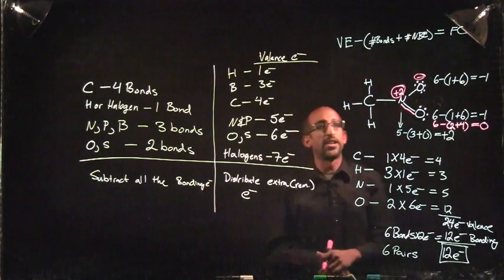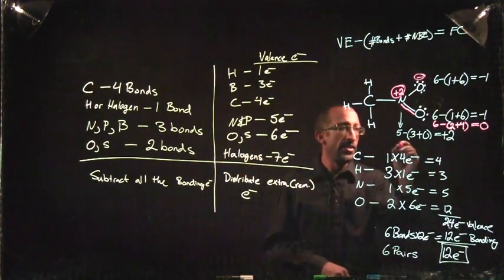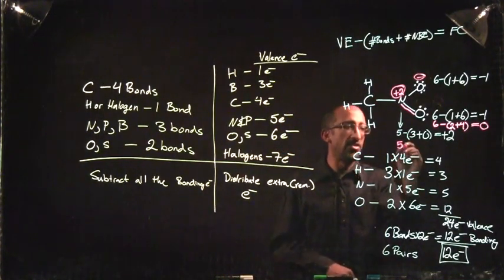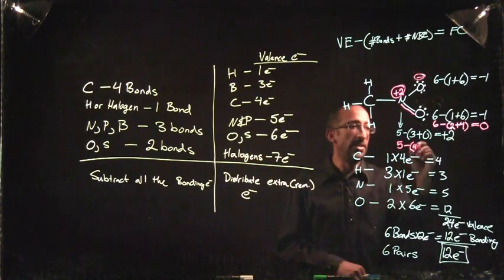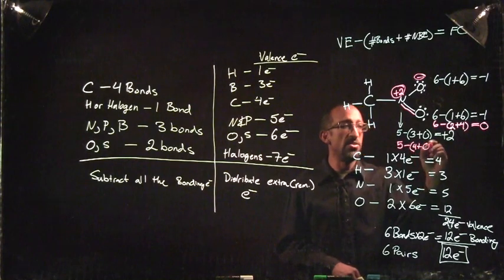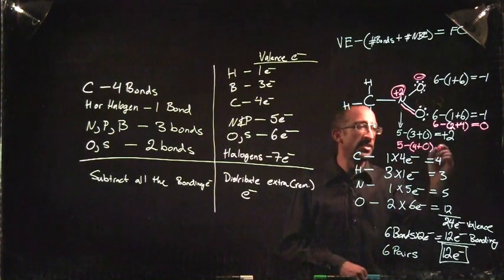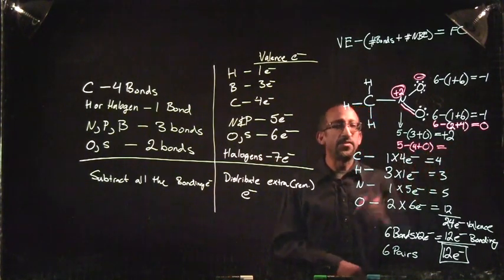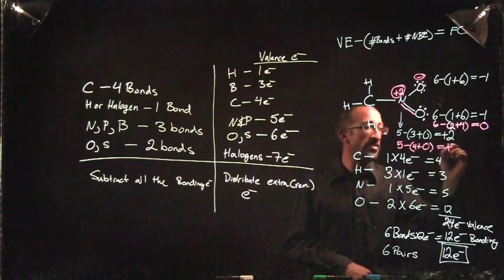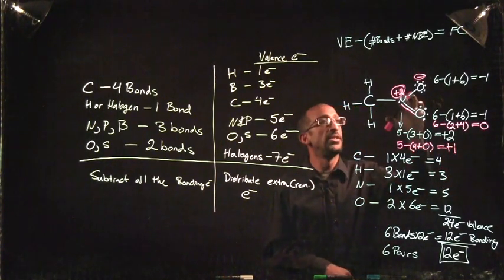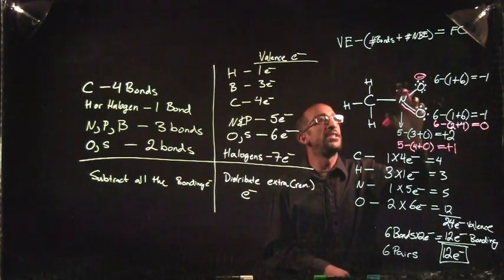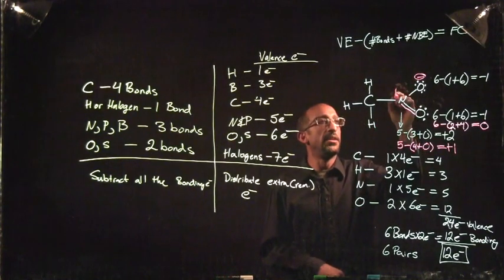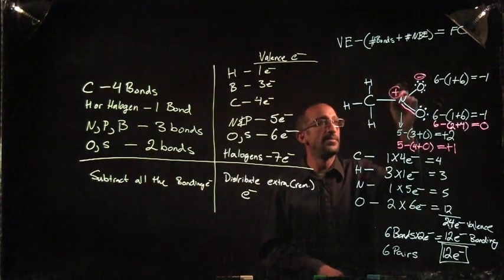If we redo our calculation for nitrogen, 5 valence electrons minus 4 bonds plus 0 non-bonding electrons simplifies to 5 minus 4, which gives us a plus 1 charge. So now instead of a plus 2 on nitrogen, we have a plus 1.